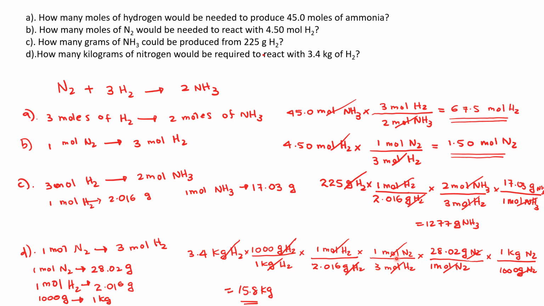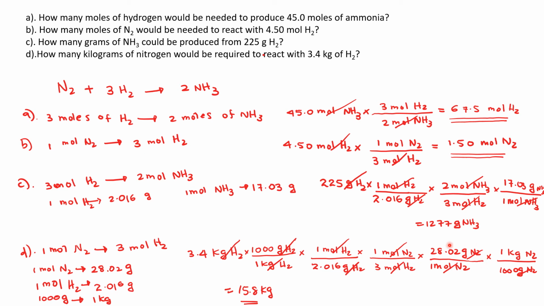Now we are going to use the stoichiometric ratio to find the number of moles of nitrogen required to react with this much hydrogen. So we know 3 moles of hydrogen are required to react with 1 mole of nitrogen. Now we are going to convert this amount into grams of nitrogen.